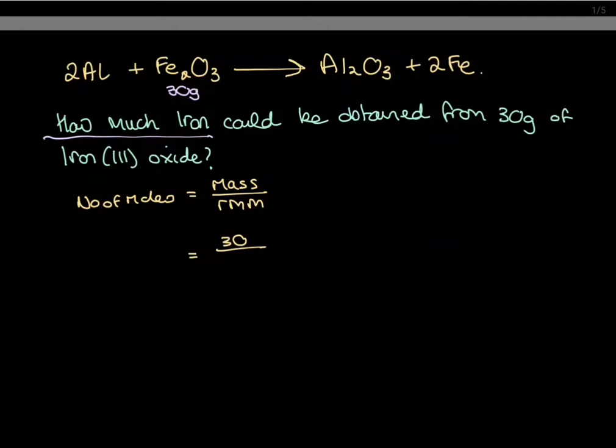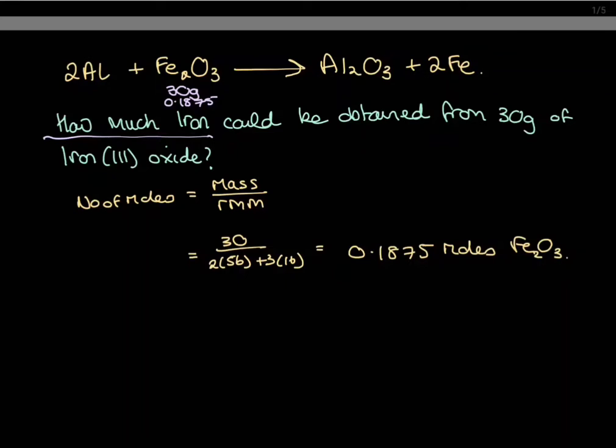And then the relative molecular mass of the iron oxide is 2 times the 56 plus 3 16s. And we get the number of moles to be 0.1875 moles of our iron oxide. So I'm going to write that underneath as well. 0.1875.